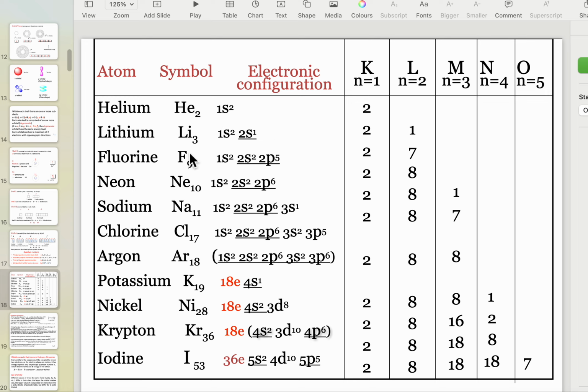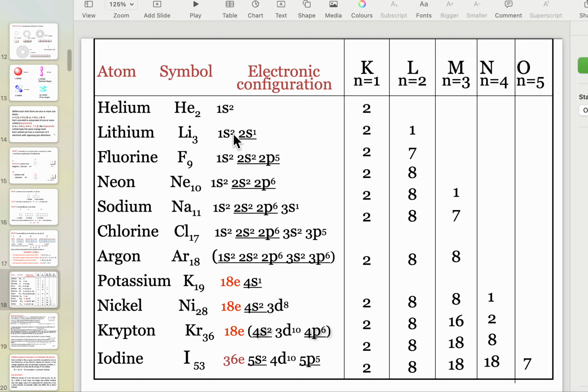Now lithium, 3 electrons. We start with 1s2, fill the 1s first, and then jump to the next one, 2s1. As we said, 1s is only one suborbital, one orbital, one main shell, and that's it.